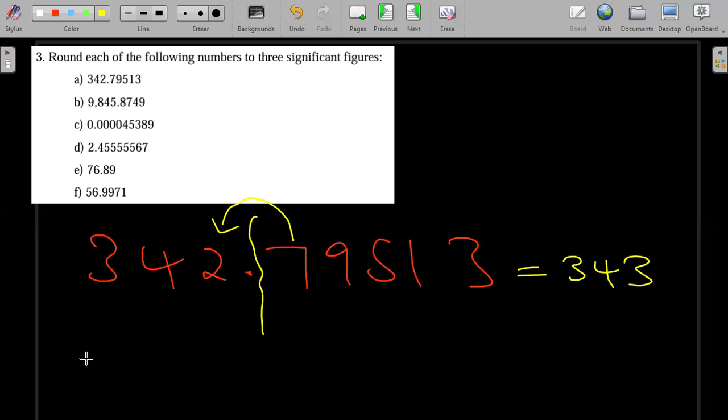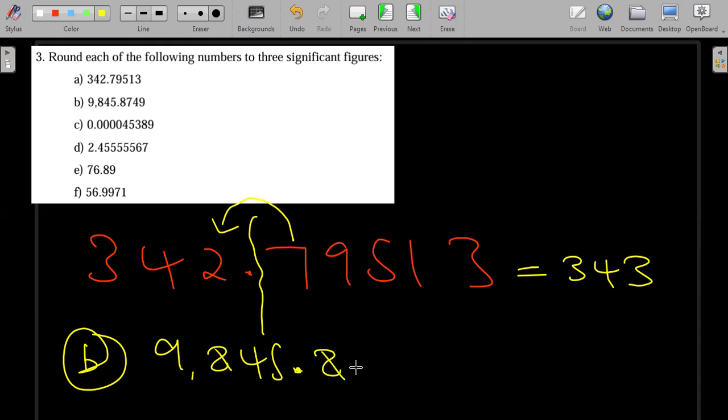What about B? Okay, so B has 9,845.8749. So we want to round this to 3 significant figures. Okay, so what are we going to get there?